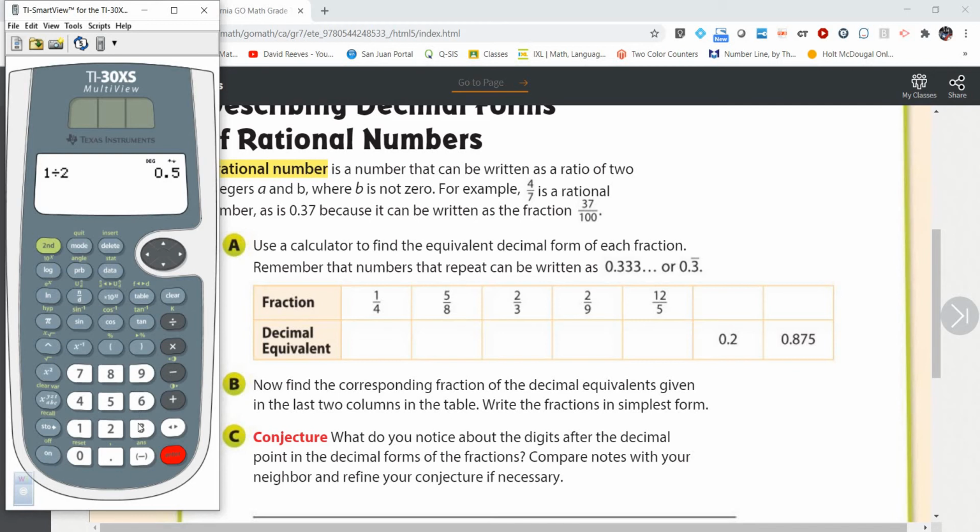I get 0.5. If I do 3 divided by 4, I get 0.75. If I do 1 divided by 3, here's my fraction of 1/3. What do I get? 0.33333333 repeating, right? And if I do, say, 1 divided by 100, there it is, okay?